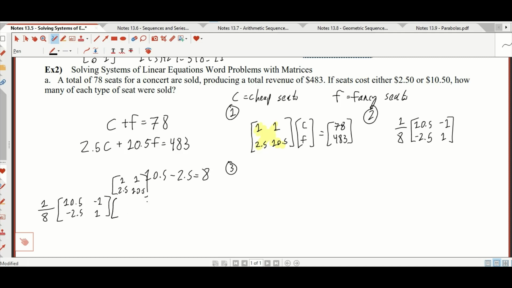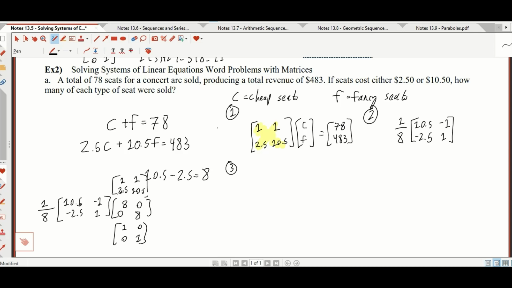And again, we're expecting to get the identity matrix, so let's make sure we do. 10.5 minus 2.5, we already figured that was 8. 10.5 minus 10.5 is 0. Negative 2.5 plus 2.5 is 0. Negative 2.5 plus 10.5 is 8. Multiply that by 1/8 and you get 1, 0, 0, 1. So that's okay. We get the identity matrix there.